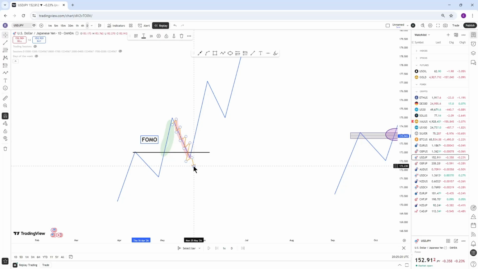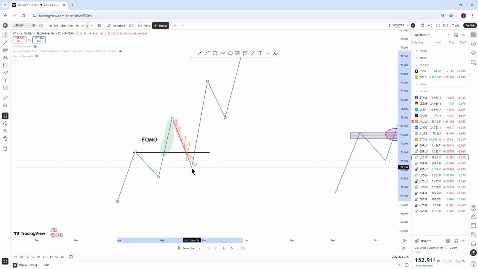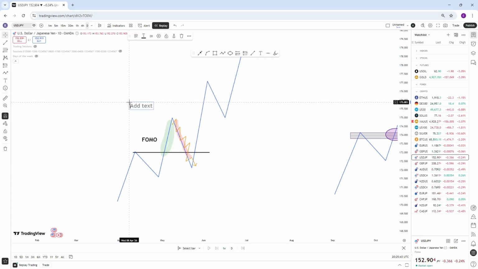Usually the correction extends below here into the zone below the previous high, from the resistance level, all the way inside here, collecting all the liquidity. That's how you identify a correction in an uptrend.